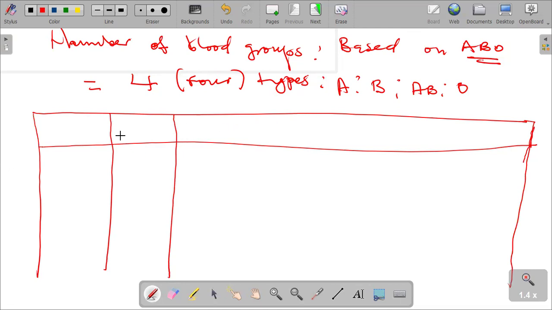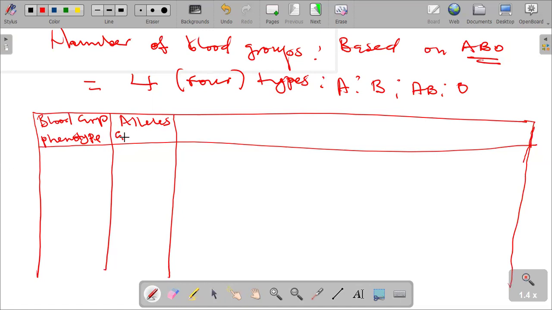So we have got blood group. In the first column, we have got blood group, and then we are saying the phenotype of the blood group, and then the alleles that control this blood group.